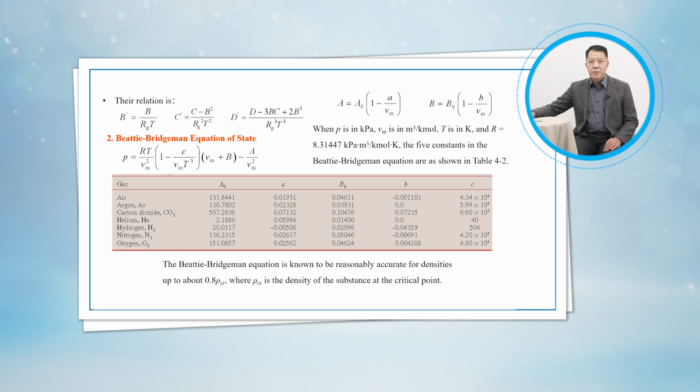The Beattie-Bridgeman equation is known to be reasonably accurate for densities up to about this value, where ρCr is the density of the substance at the critical point.